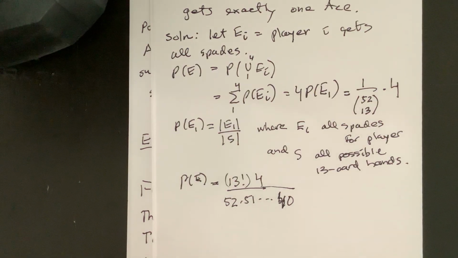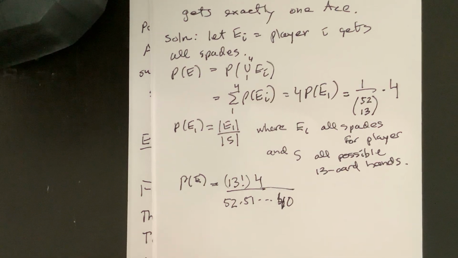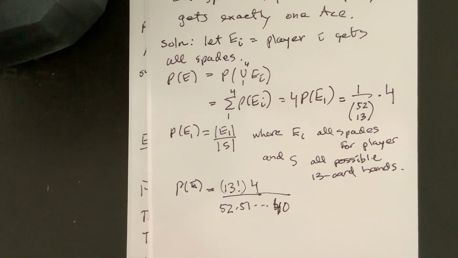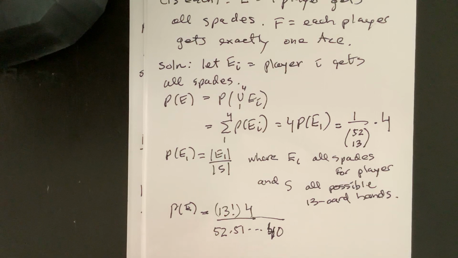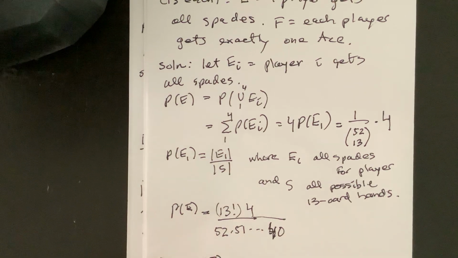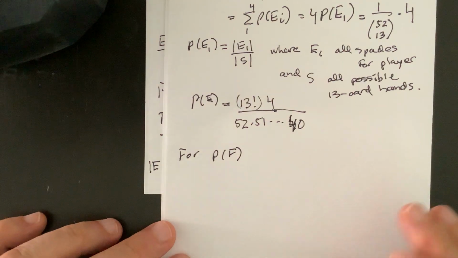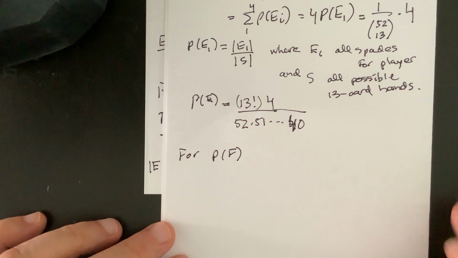Okay, for the other part, for P of F, what do we have to realize now? Probably each player gets 1 ace. So now we've got to consider all the hands. Okay, so for P of F, we have to consider all the hands that are possible.